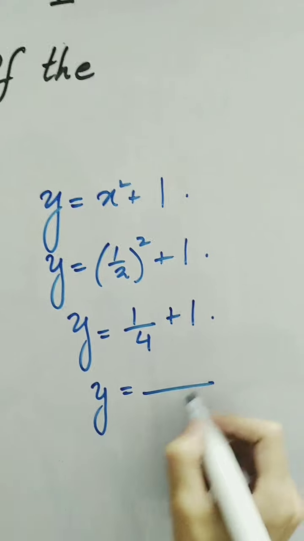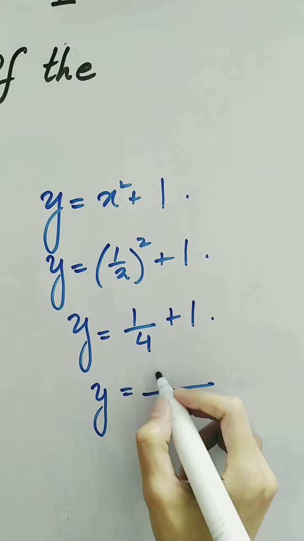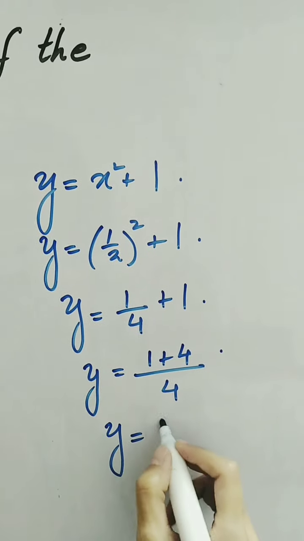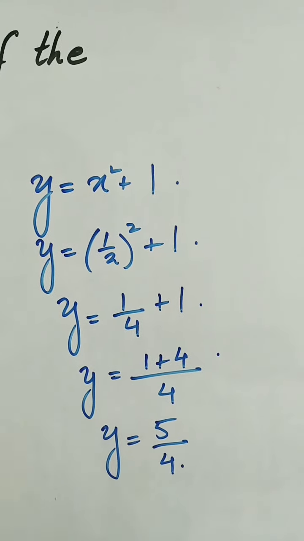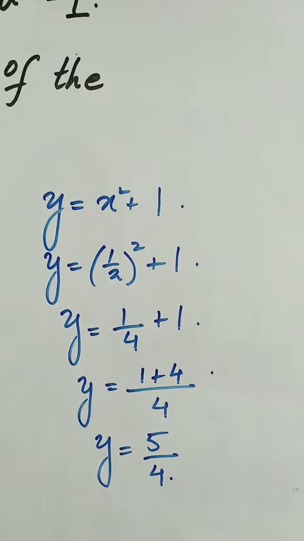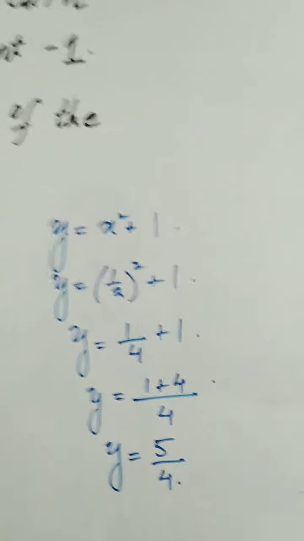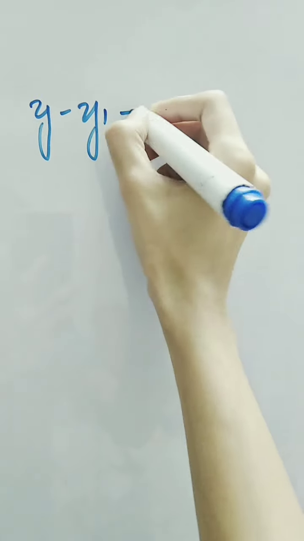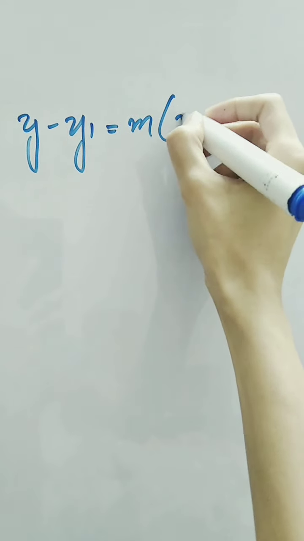Now we take the LCM here, so it becomes 1 plus 4, and the value of y comes out as 5 over 4. Now putting these three values in the equation, which is y minus y1 equals m, gradient, x minus x1.